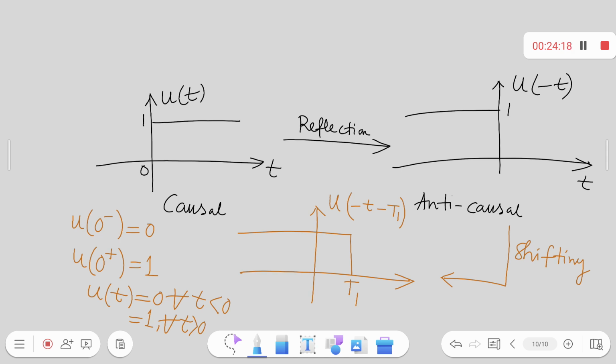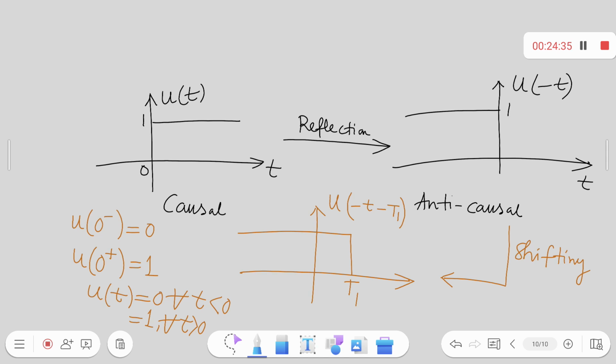That's the definition. Now if you put t equal to T1, what do you get? U of minus T1, and T1 is positive, so the argument is negative. That should be 0.